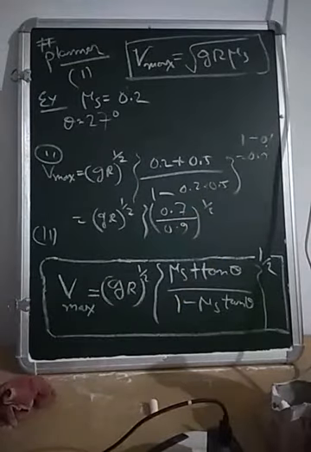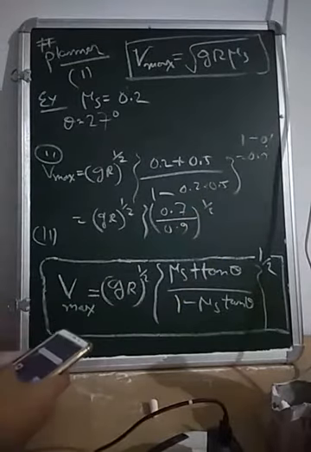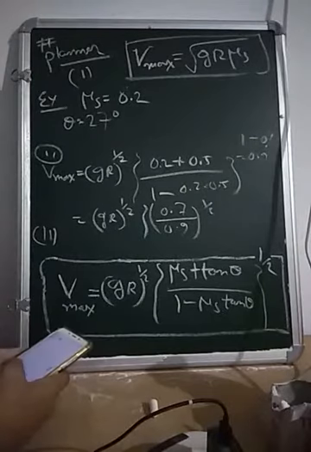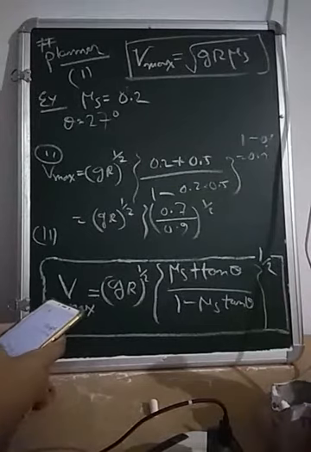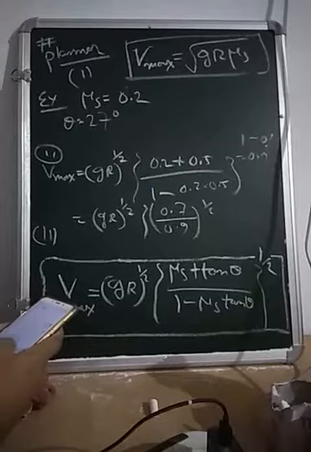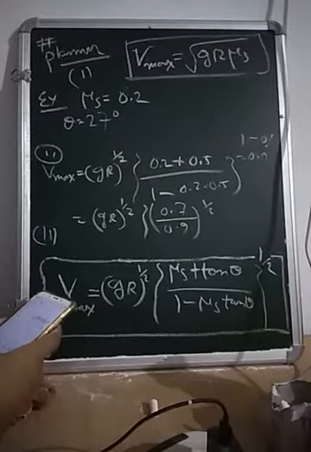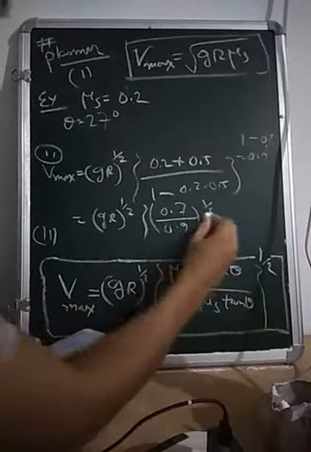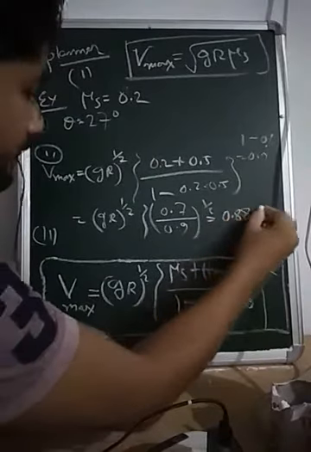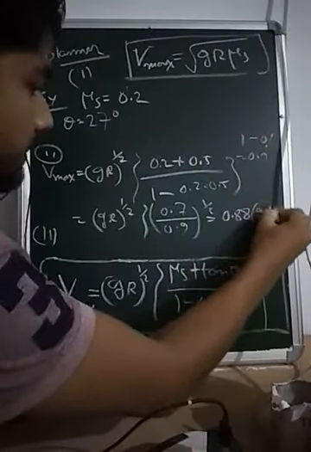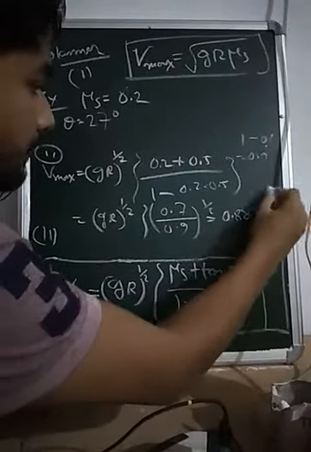If you solve this, 7 divided by 9, to the power half, so how much will it be? It will be 0.88 g r to the power half.